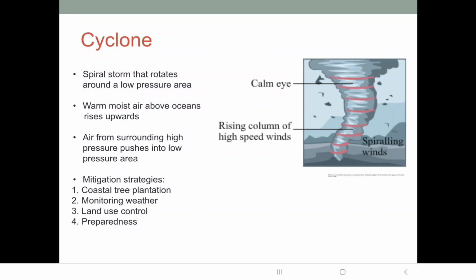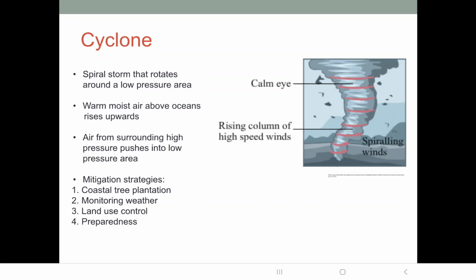Second mitigation strategy is weather monitoring. Nowadays there is a lot of advancement in technology. Therefore we can predict most of the disasters. See, development of a low pressure zone over the oceans can be understood beforehand, and therefore that can help in taking further steps, isn't it?